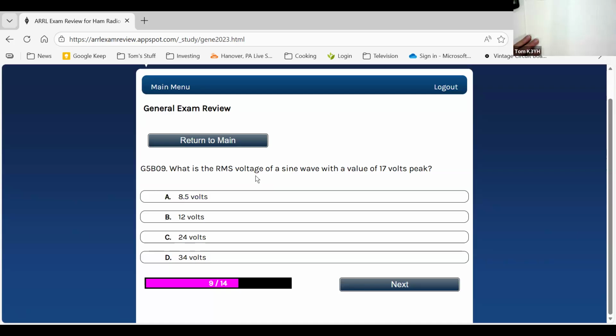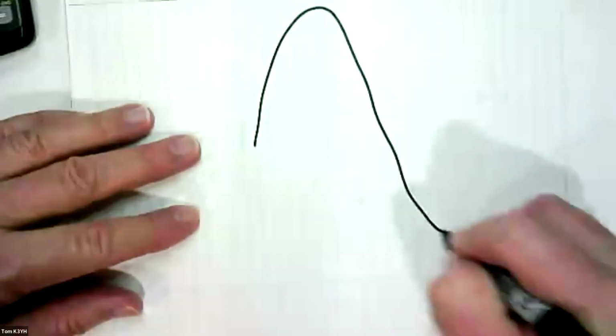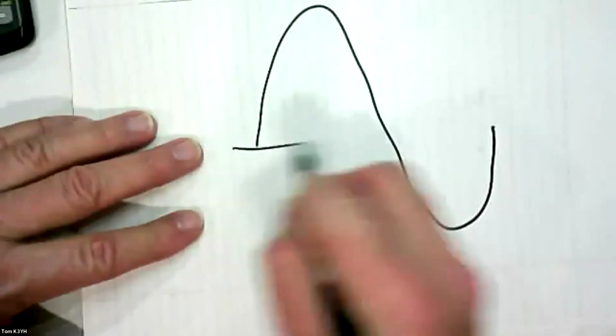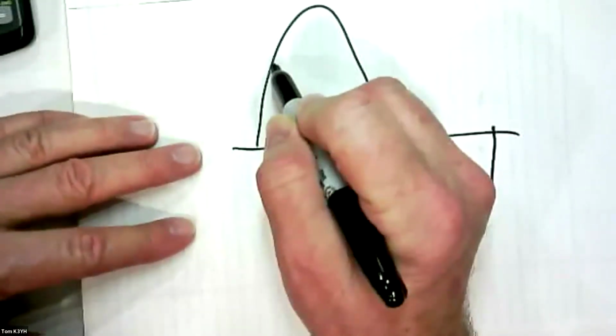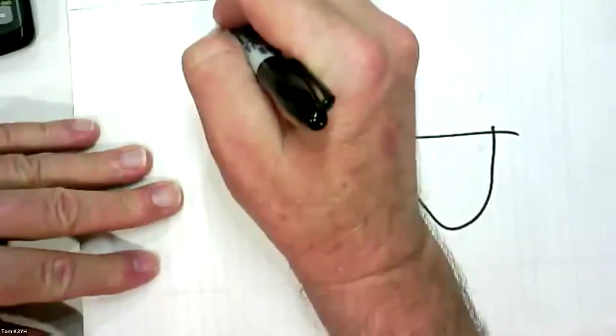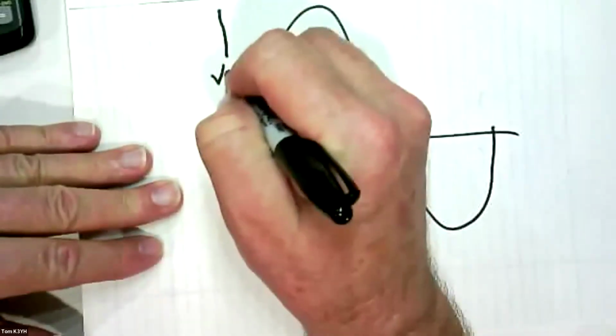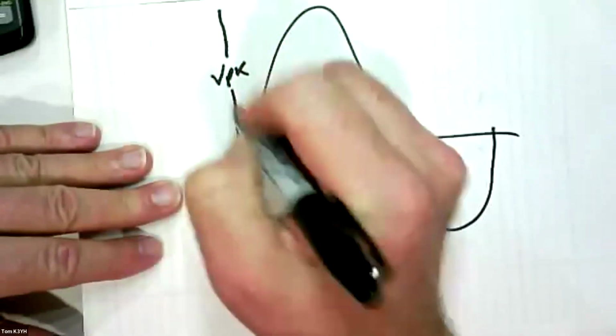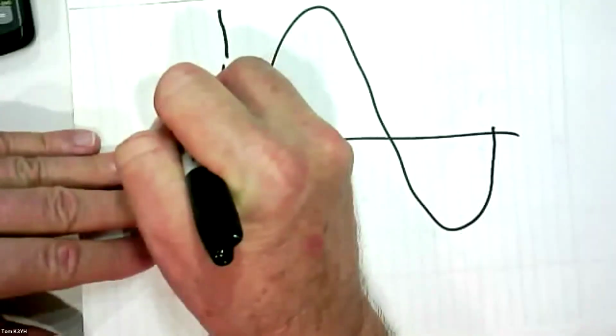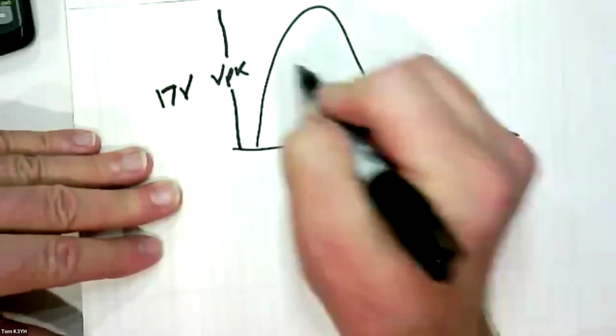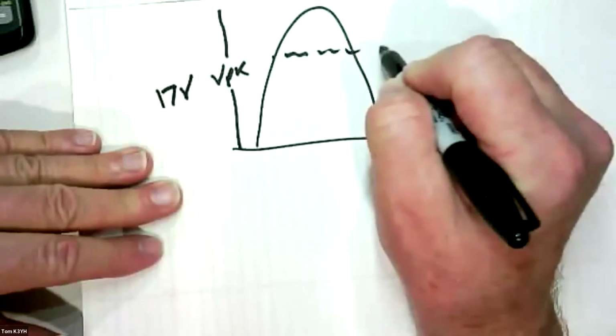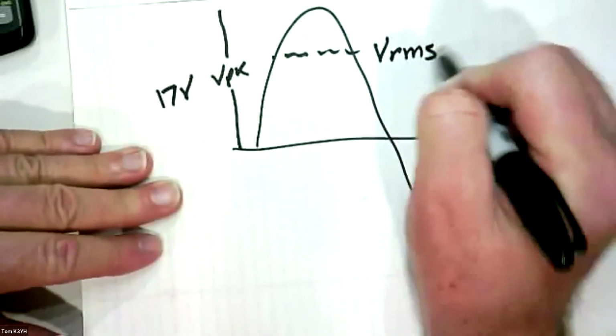All right, so what's the RMS voltage of a sine wave with a value of 17? Okay, let's do that. So draw a new sine wave, right? And it tells me the peak, V peak, is 17, and it says, what's the RMS?